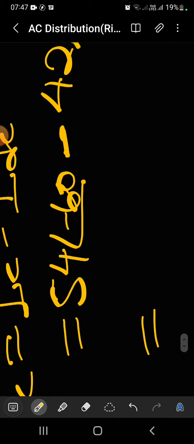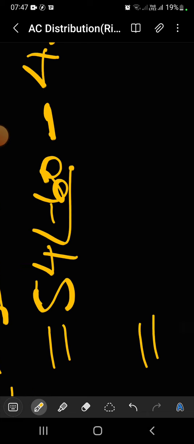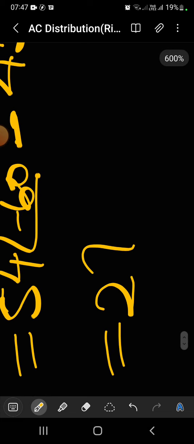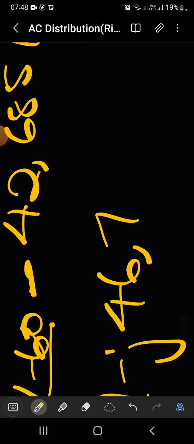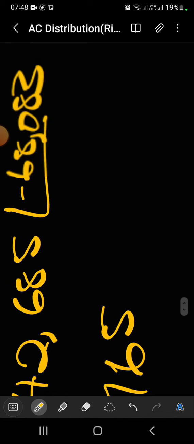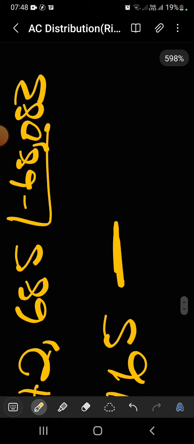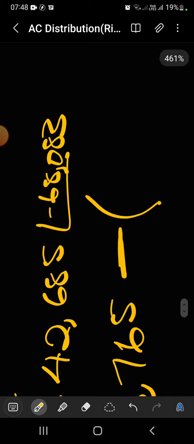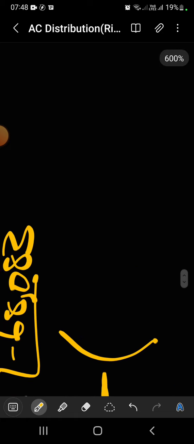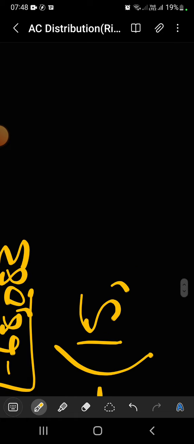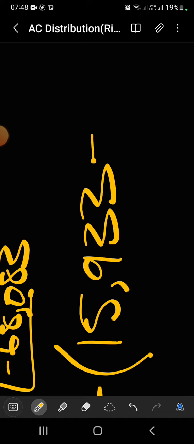So convert them to rectangular. Rect 54 at minus 60, you have 27 minus j 46,765. Now we're going to subtract. Now we have rect of 42,685 at negative 68,083. Now we're subtracting 15,933 minus j, what's your j?